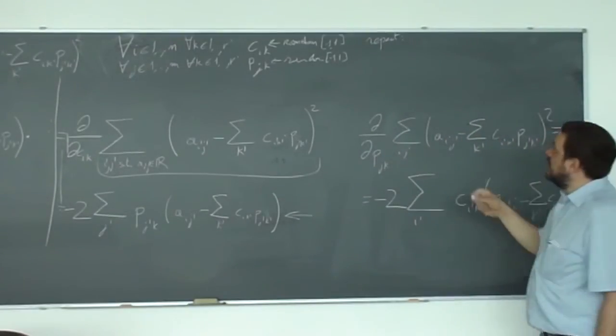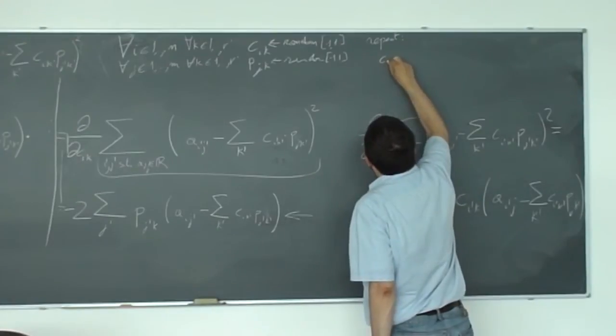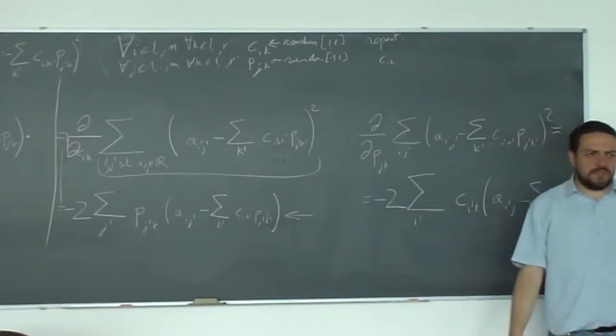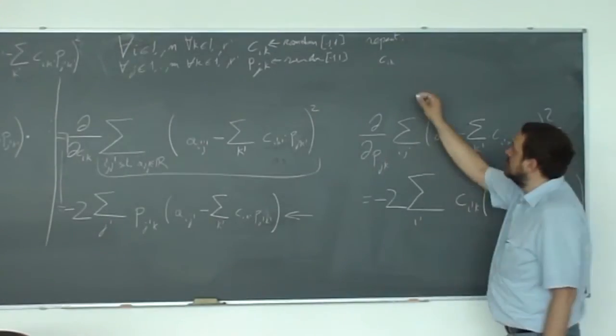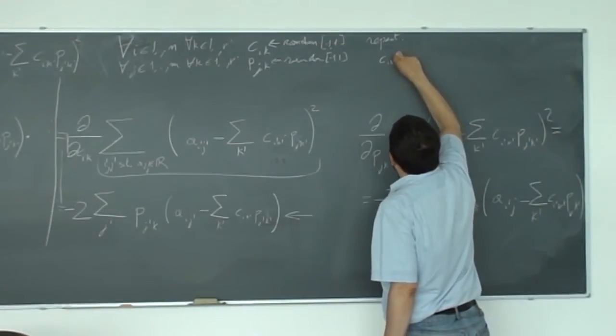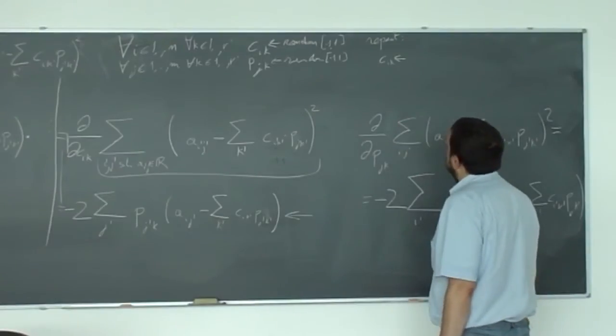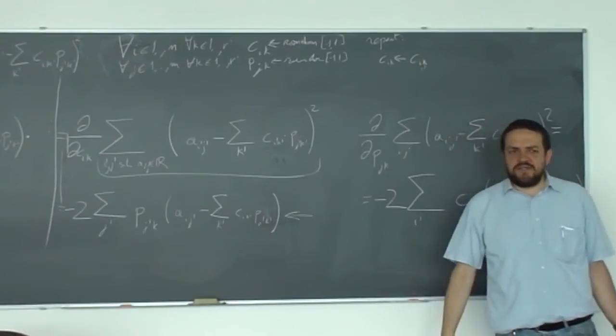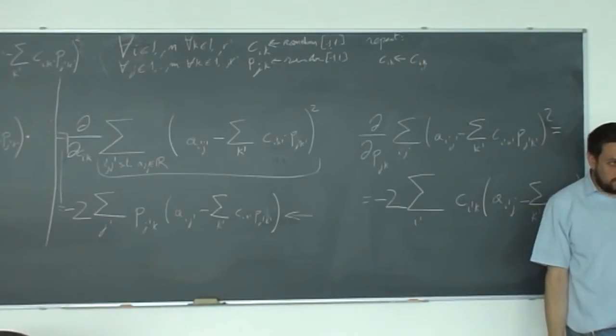In turn, we take every element of C, Cik, and we move it against the direction of the gradient.